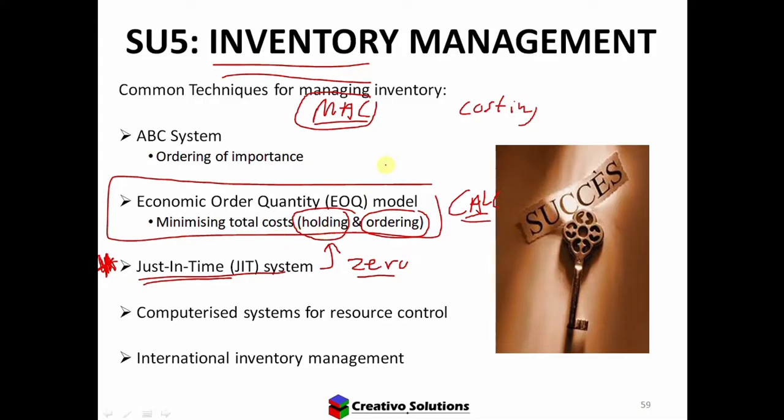Now, think about something like dairy products. If you're buying yogurt, ice cream, milk, butter, all of those things, those dairy products have very high holding costs or storage costs because those items need to be kept cold. If they aren't kept cold, they're going to expire, they're going to go off.